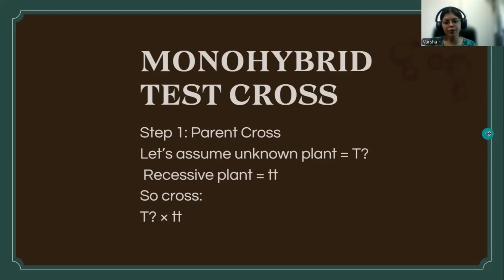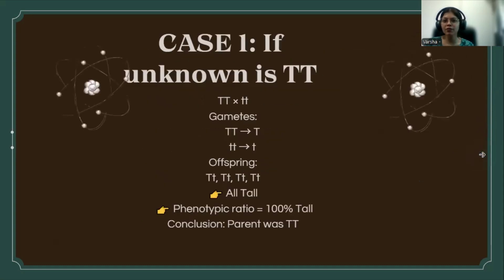And the recessive plant, I do not need to tell you, has to be homozygous recessive, which is small t, small t. So the cross could be of two scenarios. Case one: the plant that we have taken is homozygous dominant. How do you do it? Simply, you make a Punnett square or use the fork method.